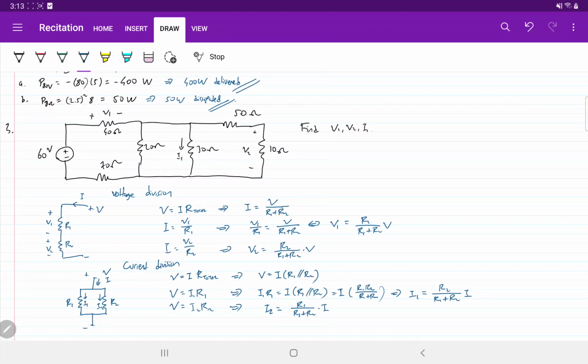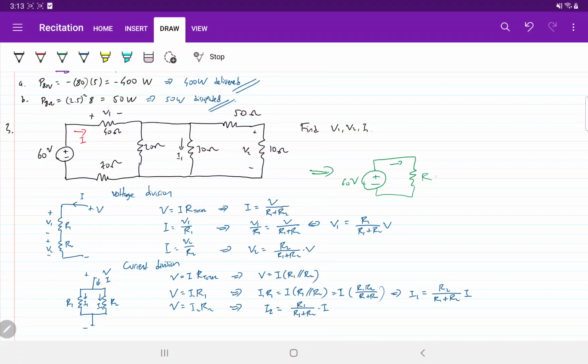So the idea here, we need to find what is the total current I. So we need to simplify this series and parallel connections of resistors, to break this into one single voltage source and one single resistor, which we do not know.